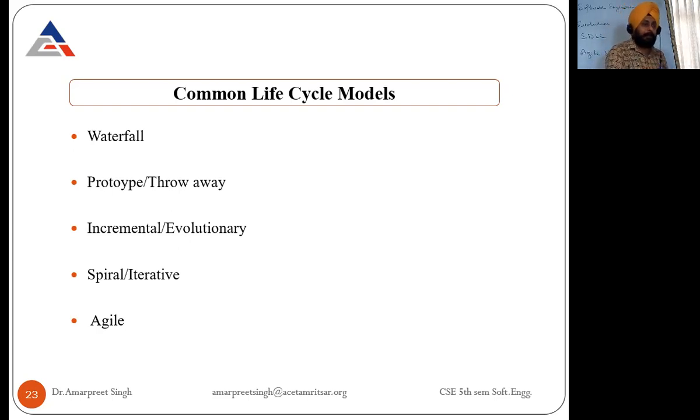Then the incremental model, which is also known as the evolutionary model. Then comes the spiral model, or iterative model, which is the meta model. Then the agile model. We will discuss all these models one by one, but today we will cover the classical waterfall model.